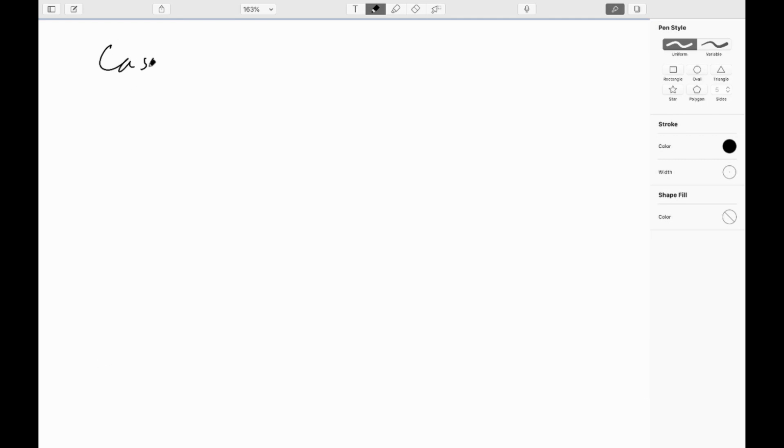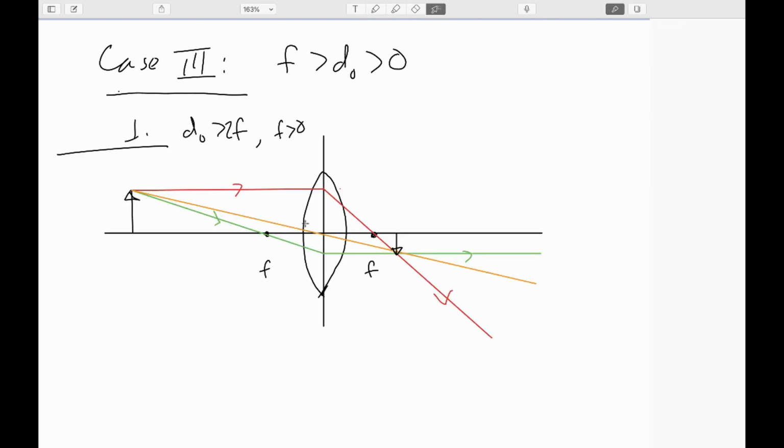So in a case 3 situation, the focal length is greater than the object distance, but they're still both positive, so it's still a converging lens.